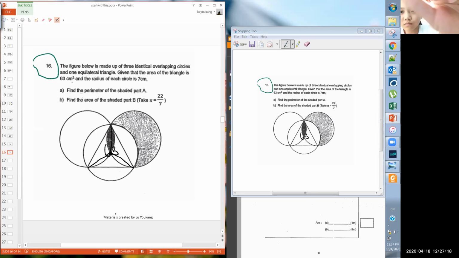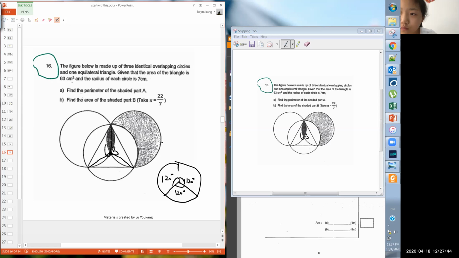So what do you see here? You see something like this, right? So can I ask, what's the degree here? 120, right? 120 and 120, right?